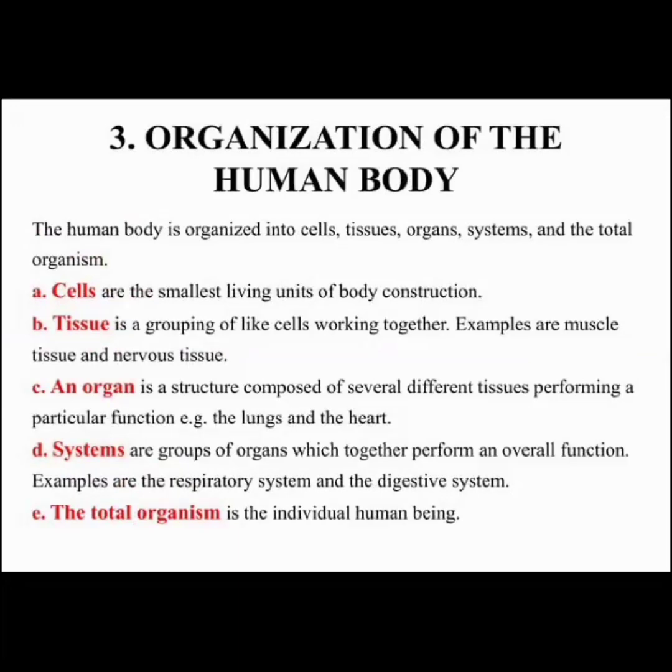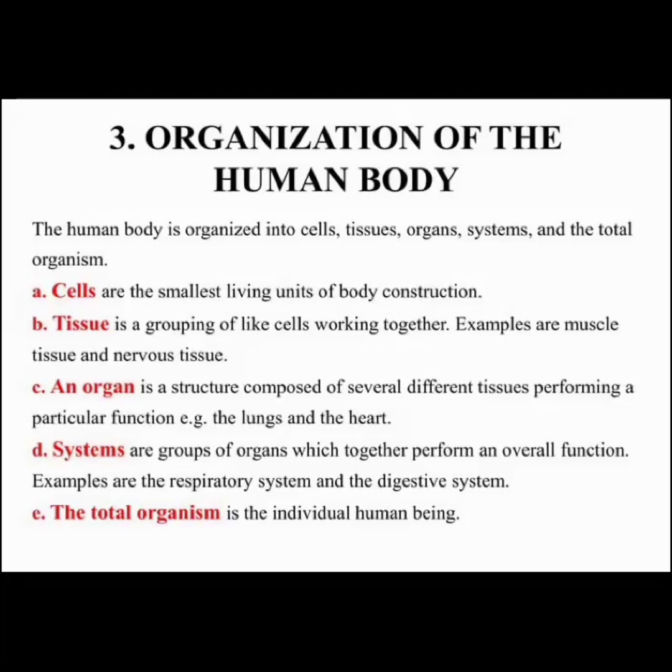Second, a tissue is a grouping of like cells working together. Examples are muscle tissue and nervous tissue. So tissue is a group of a particular type of cells. Next is an organ. It is a structure composed of several different tissues performing a particular function. Examples are the lungs and the heart.